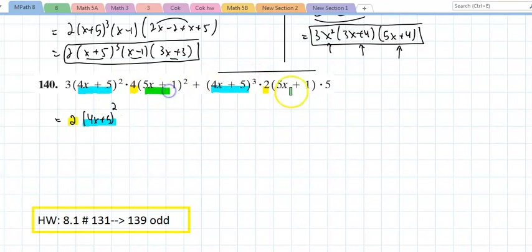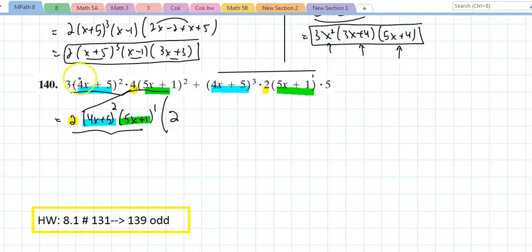And they both have a (5x plus 1). And I take the one with the least power, which is a 1. Now, if I take this term divided by this, 4 divided by 2 is 2. There's also a 3. This cancels out completely, and one of those will remain.